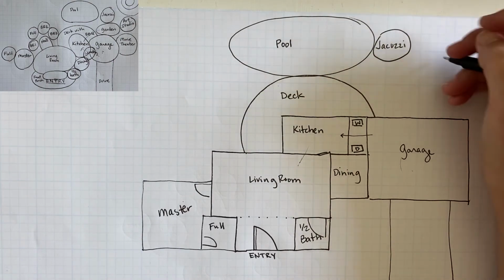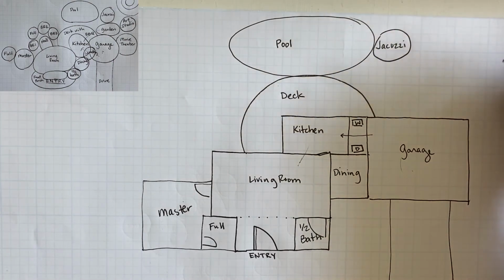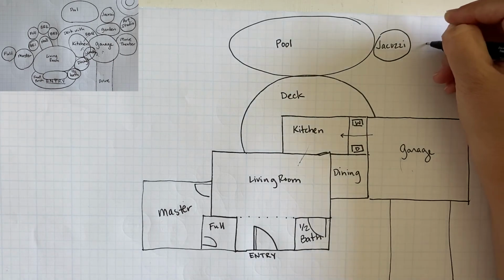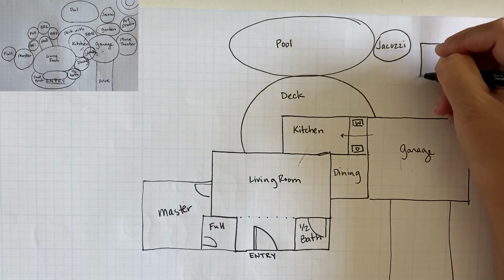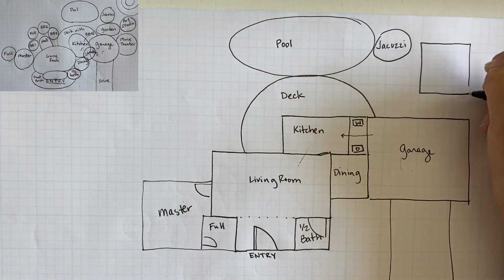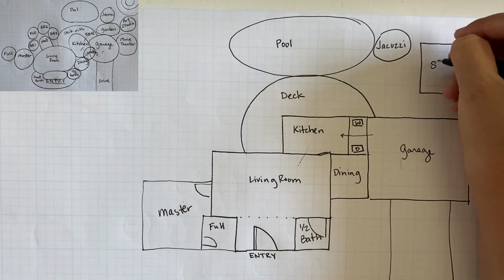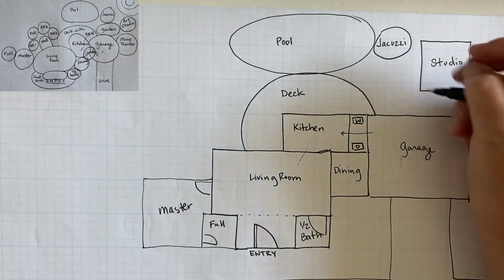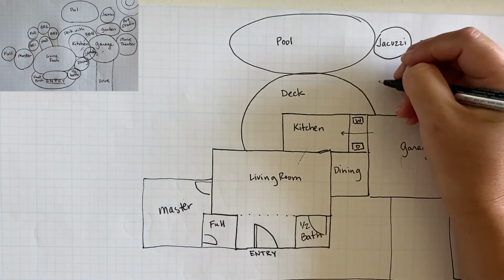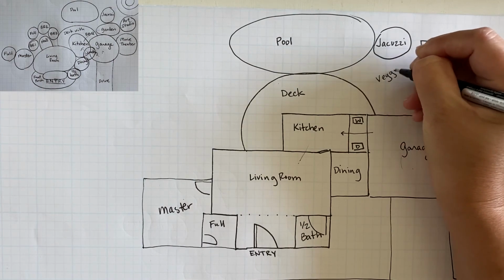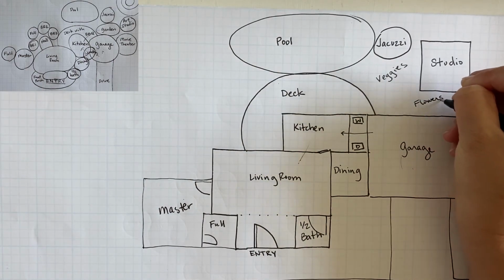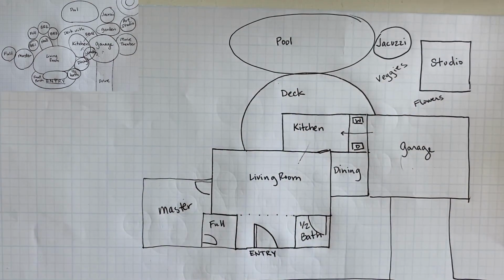So I'm going to put in my artist studio first, and then my garden can kind of just fill in around there. So then maybe my vegetables hang out over here and my flowers are over here. Either way.